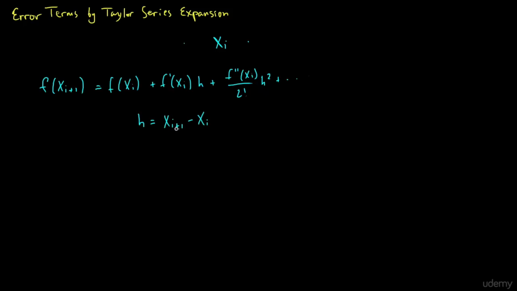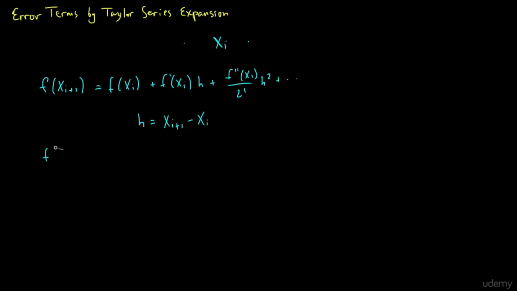Okay, so we have this formula, and we can rewrite it by using the remainders of the Taylor series, ignoring the higher order terms and just leaving a remainder in place.